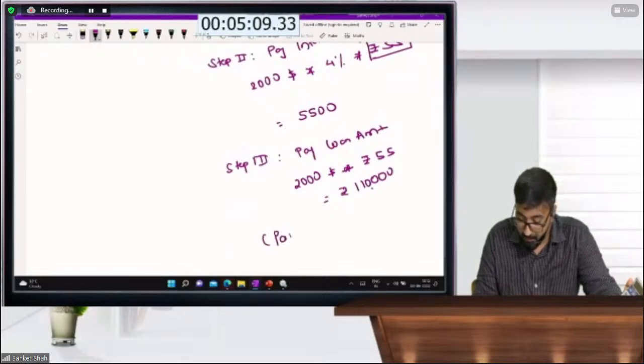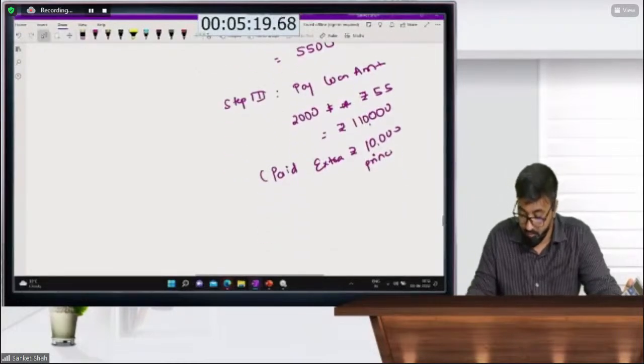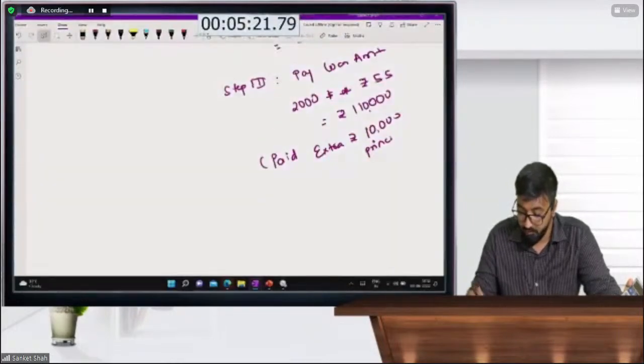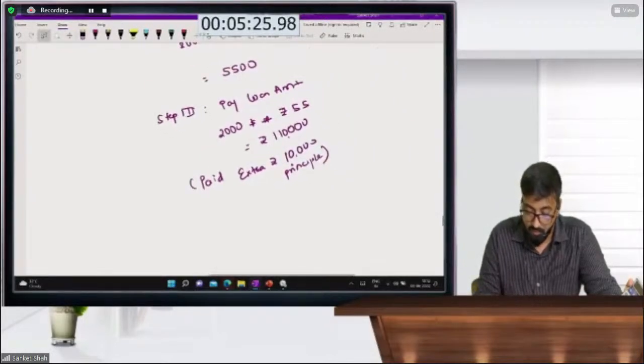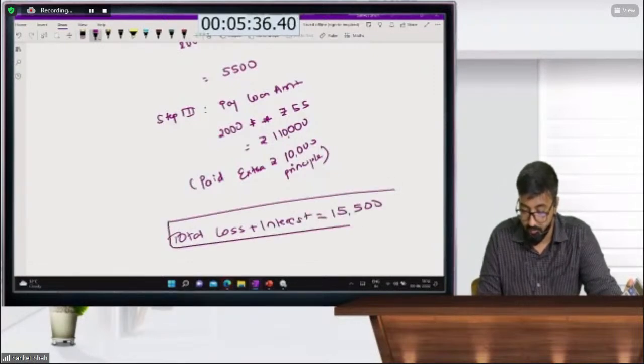Paid extra rupees 10,000 on the principal amount. How much did you pay extra? Principal amount 10,000. So total loss plus interest is equal to 15,500.